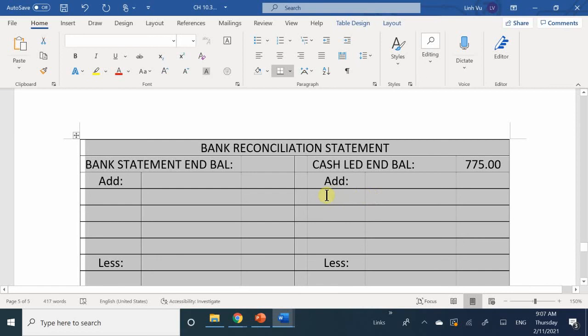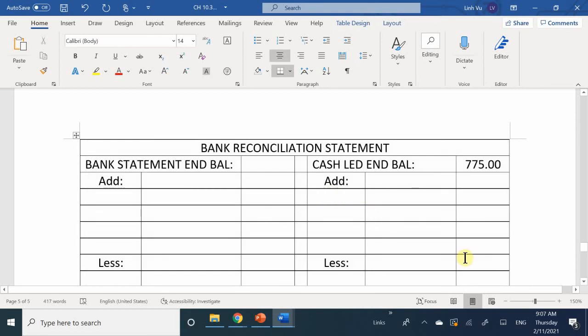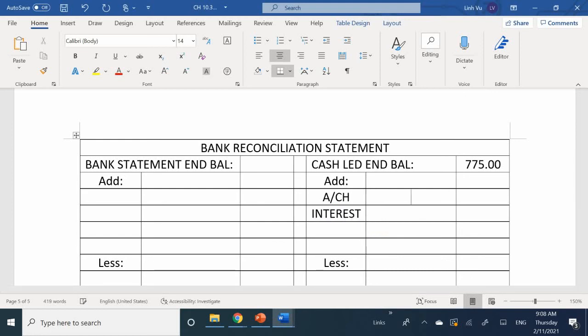But make sure you categorize it, because when you categorize it, you also journalize it separately, not together. So here you're going to add auto clearinghouse, $250, and also interest, $50, bringing my grand total to be added to $300.